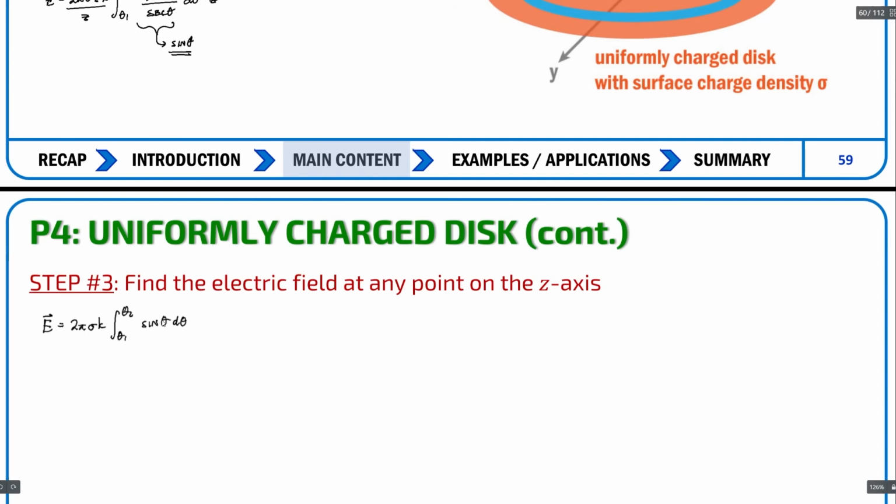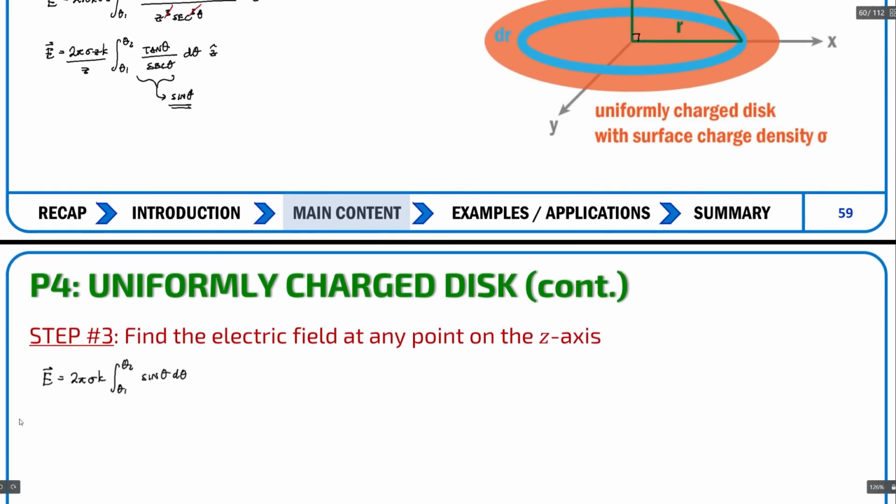I just wanted to share one more step here. After we took out the z, we can also cancel out these two z's, so they're no longer important.